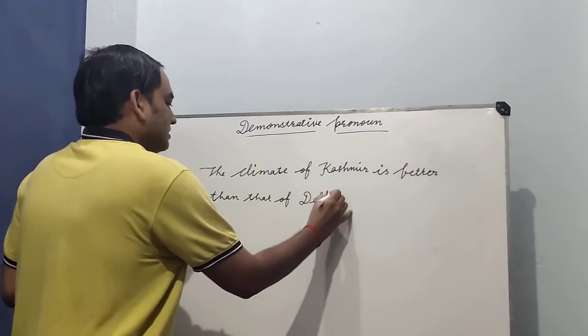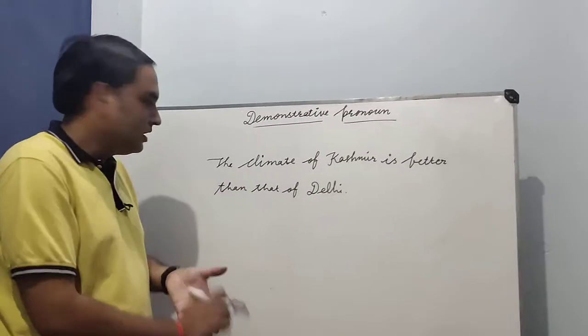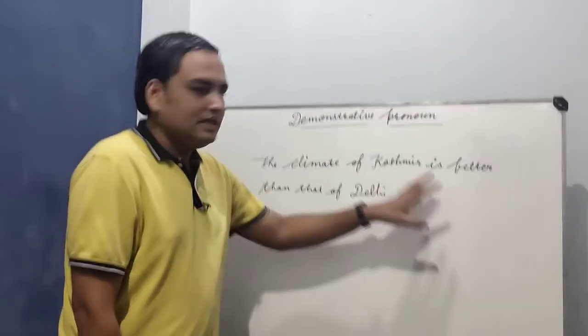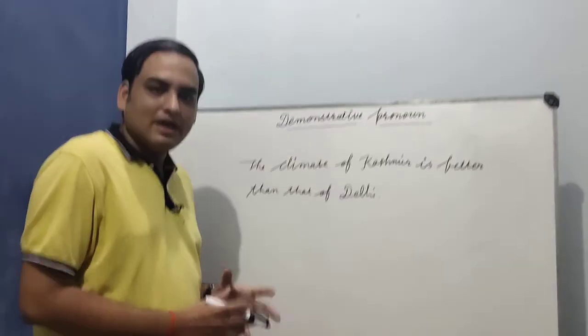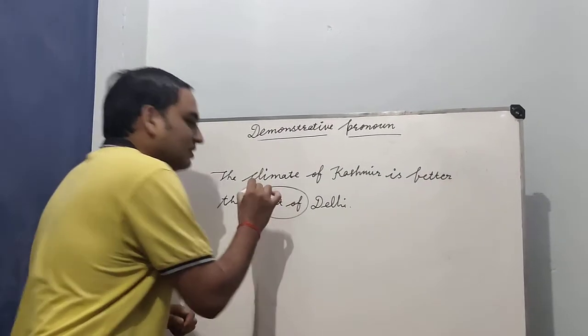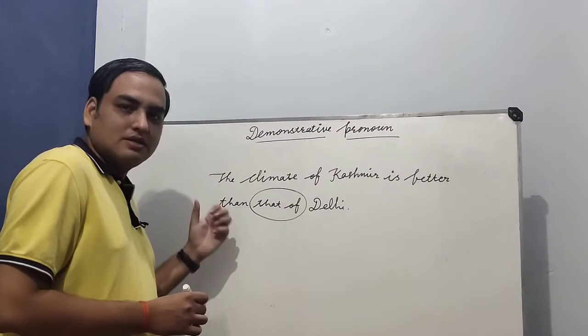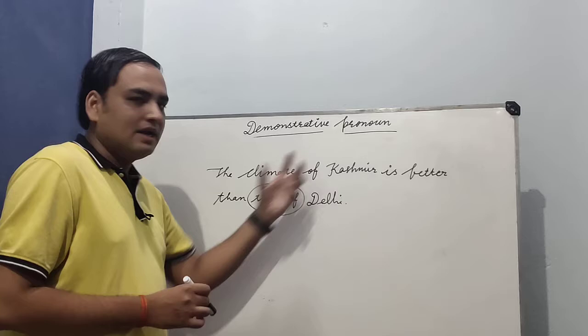Suppose we are assuming this sentence. We are using "that of" here, and this "that of" is playing a very vital role in comparing the climate of Kashmir and Delhi.